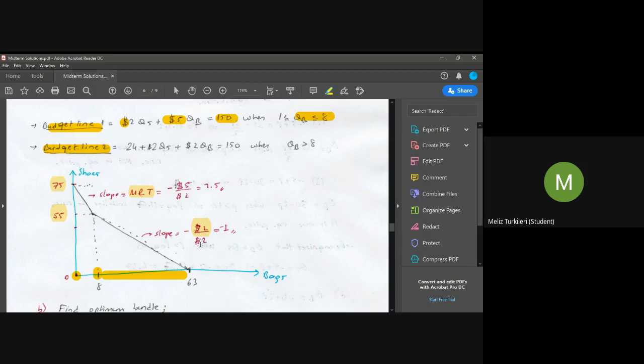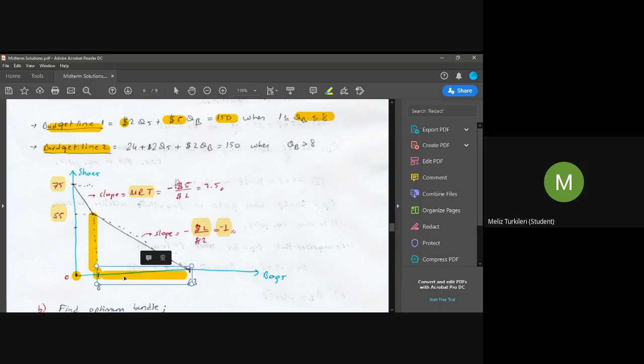And I know that the price of shoes is equal to $2 also. Therefore, the slope of this curve should be equal to -1. Since this length is 55, and this slope is equal to minus 1, what happened to the length of this part? It should also be equal to 55.